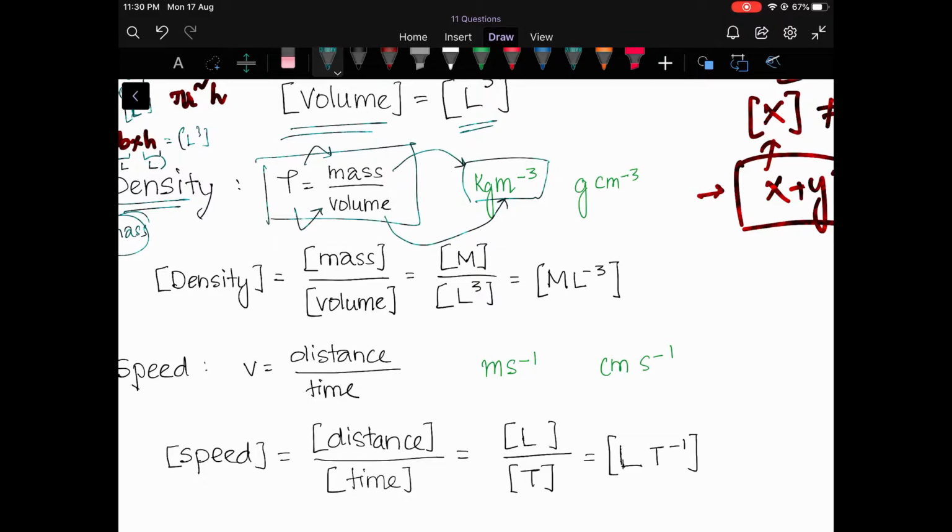So you can even see the dimension of density will be equal to the dimension of mass divided by the dimension of volume. Dimension of mass is M, dimension of volume is L cube. We have M L to the power minus 3 as the dimension of your density. This sometimes can even be written as M L to the power minus 3 T to the power 0. That means we don't have to measure time to know the density of any object.